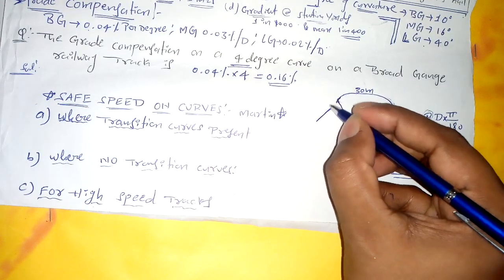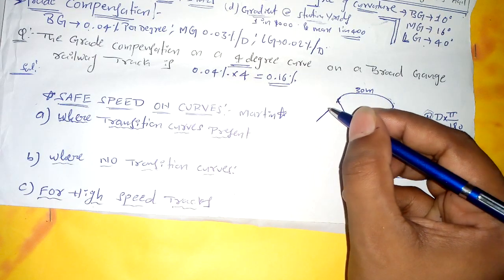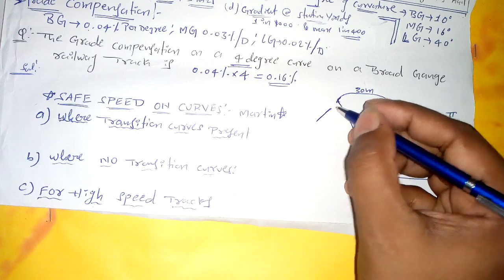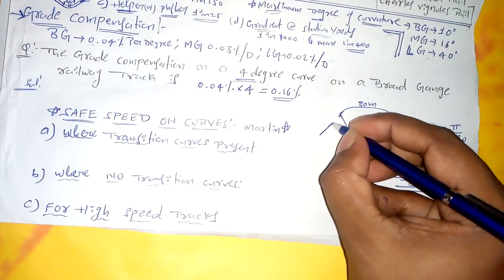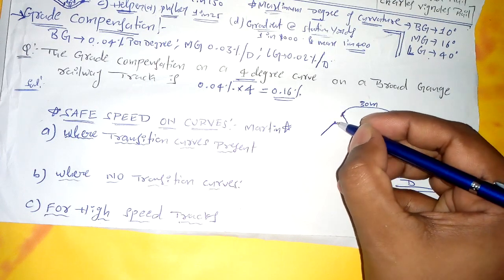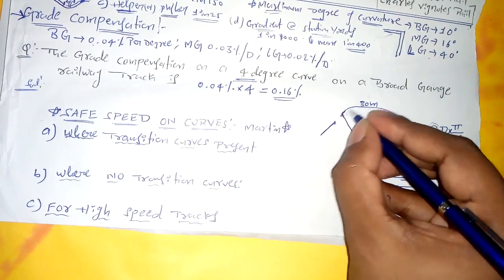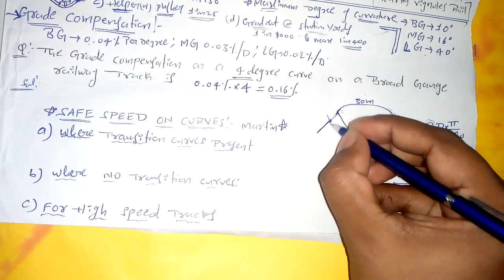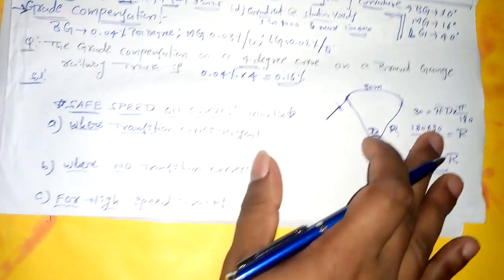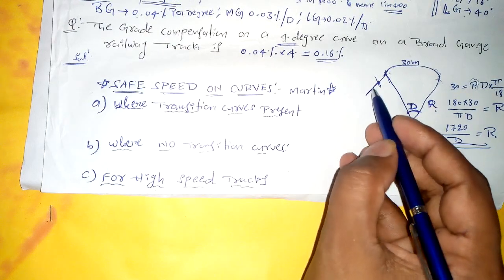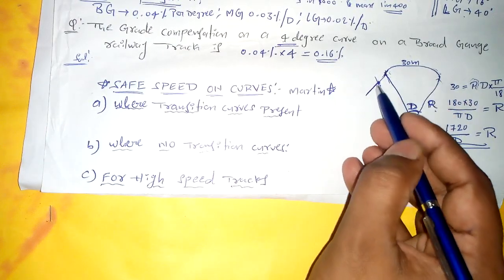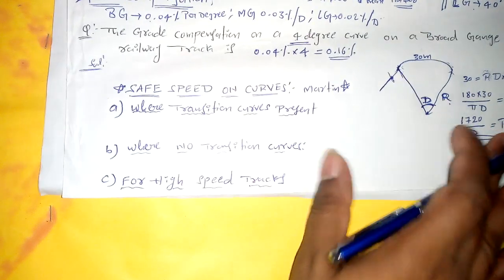The main purpose of the transition curve is that the radius gets converted from infinity to the actual radius of the curve. This portion is known as the length of the transition curve. It is provided in between the actual curve and the straight portion.